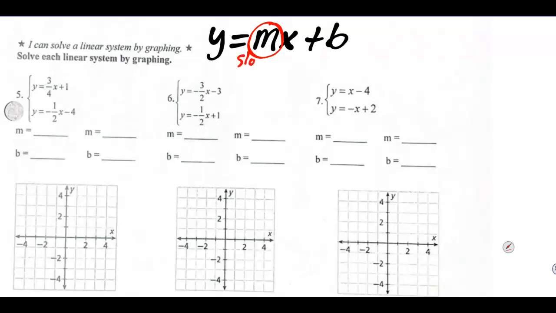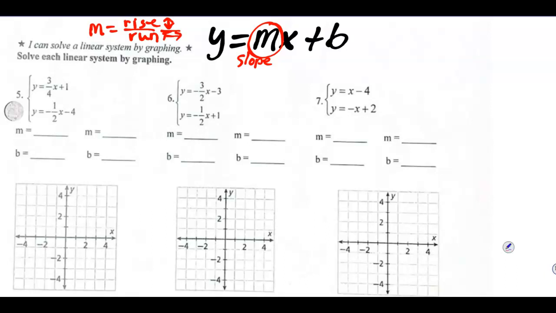This is our slope. We're going to use our slope to count rise over run. It tells us how many to go up or down, and then how many to go right or left.